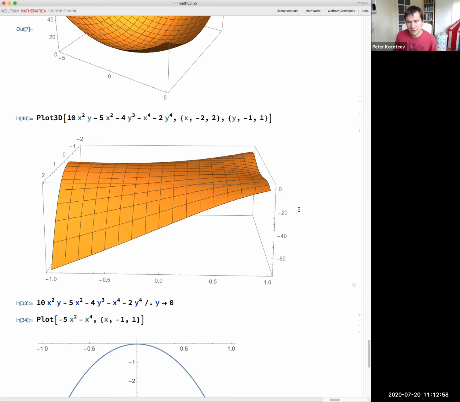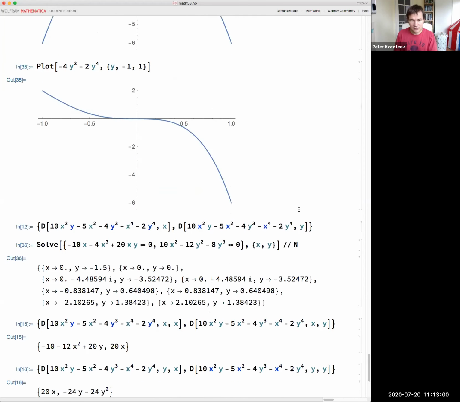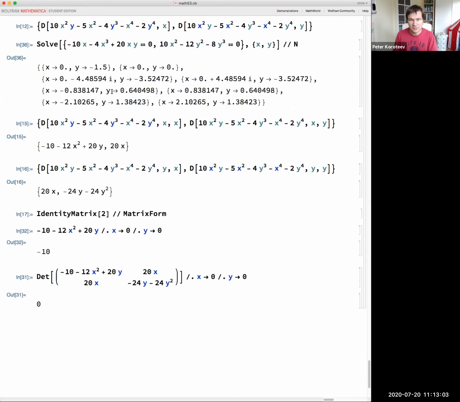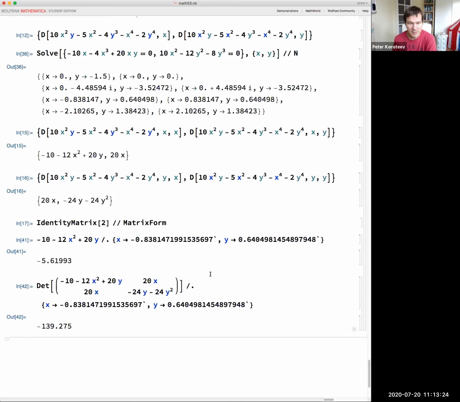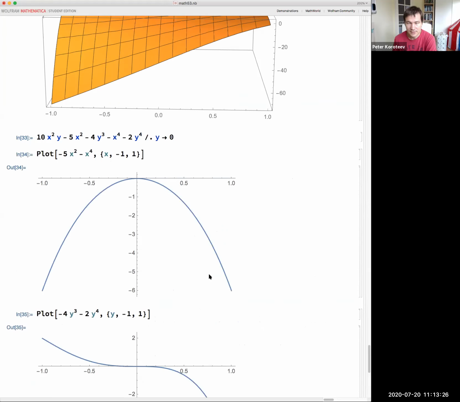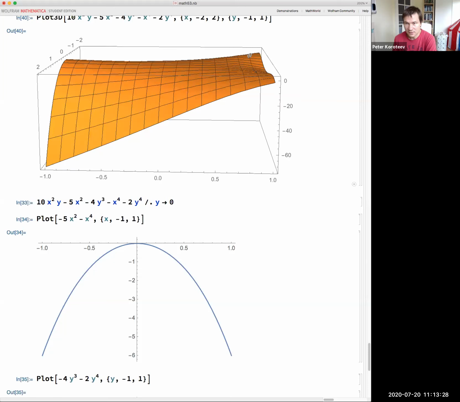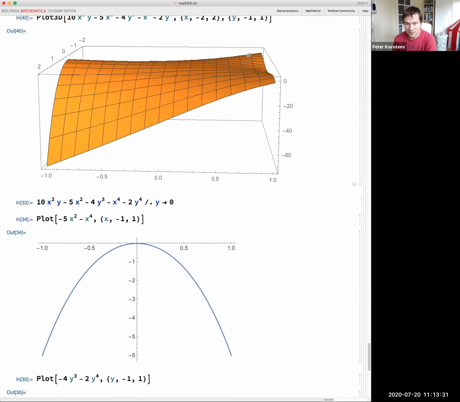Let's try to evaluate the determinant at those points, to see what's going on. The x-axis here is negative, and the determinant here is also negative, which means that nothing is going on. It's neither minimum nor maximum. That might happen because there's a little saddle point approximation there.